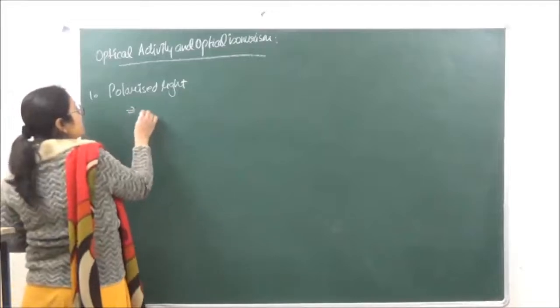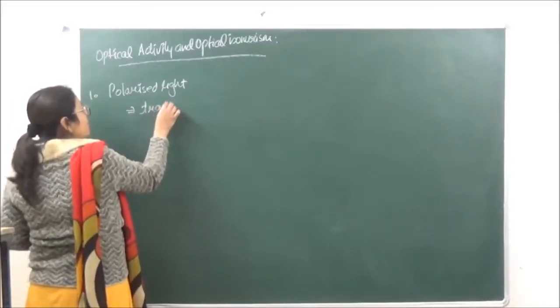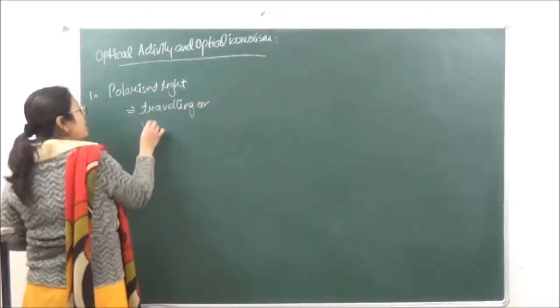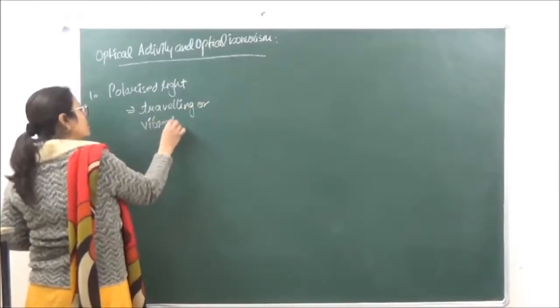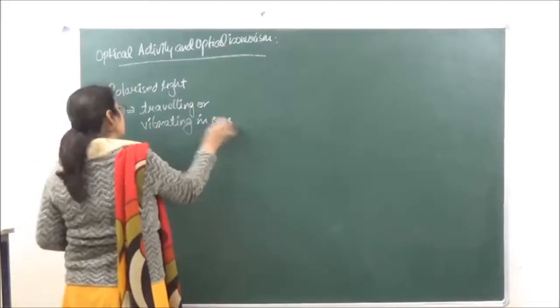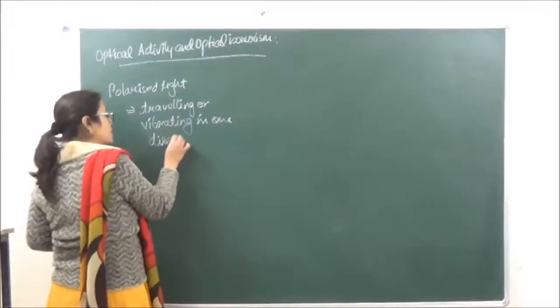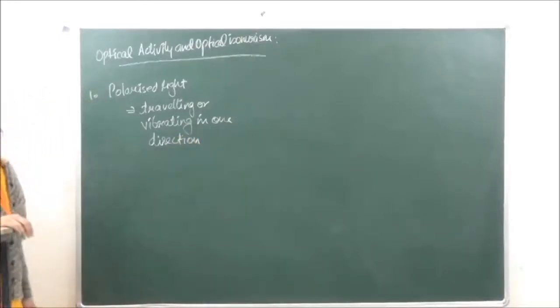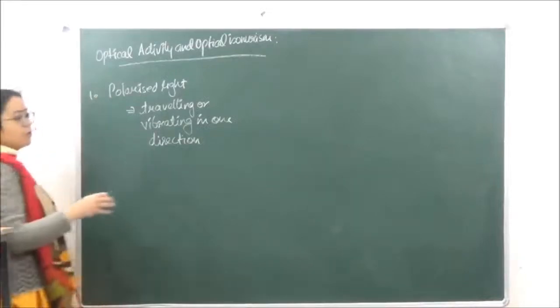So light traveling or vibrating in one direction is known as polarized light. How do we make a polarized light?